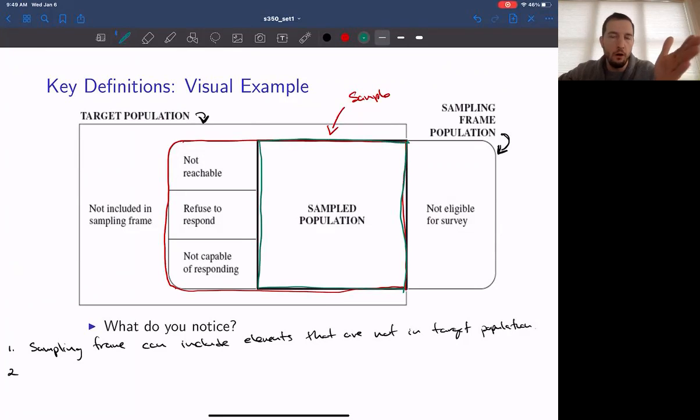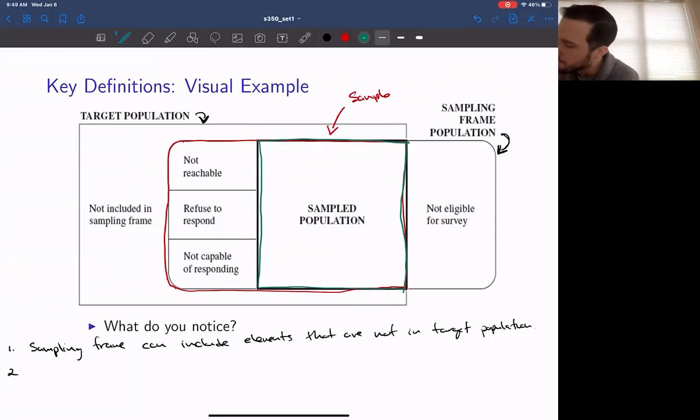And then within the sample, you also have a not reachable part of the population. You have the people that refuse to respond and people not capable of responding. And these three different categories from the sample create another set of issues that we will define and have to work with later. So for example, not reachable would be issues with non-response. Refusing to respond, we could also consider that non-response or maybe measurement error, depending on what kind of information they give us. And then not capable of responding, again, we could consider this sort of a non-response type problem.